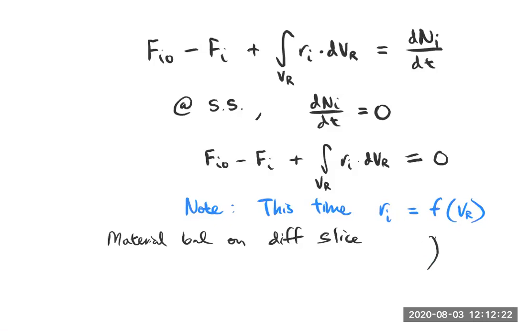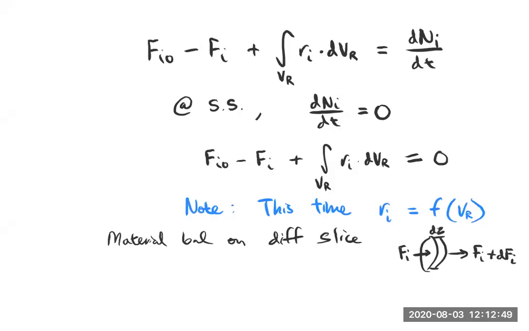We have the Fi in any given slice. We have the whole molar flow rate of species i at that moment coming in, and what we have coming out is a molar flow rate of species i plus an infinitesimally small change in the molar flow rate of species i, over a differential slice in the direction of z.